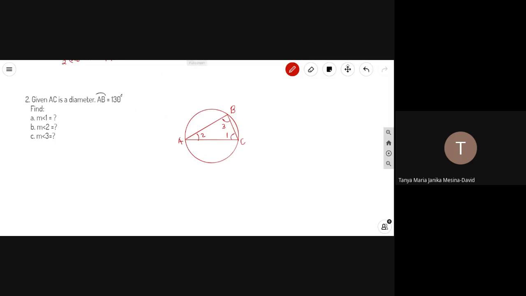Based on our discussion, the inscribed angle of a semicircle is 90 degrees. So the measure of angle 3 is 90 degrees because angle 3 is inscribed in a semicircle.